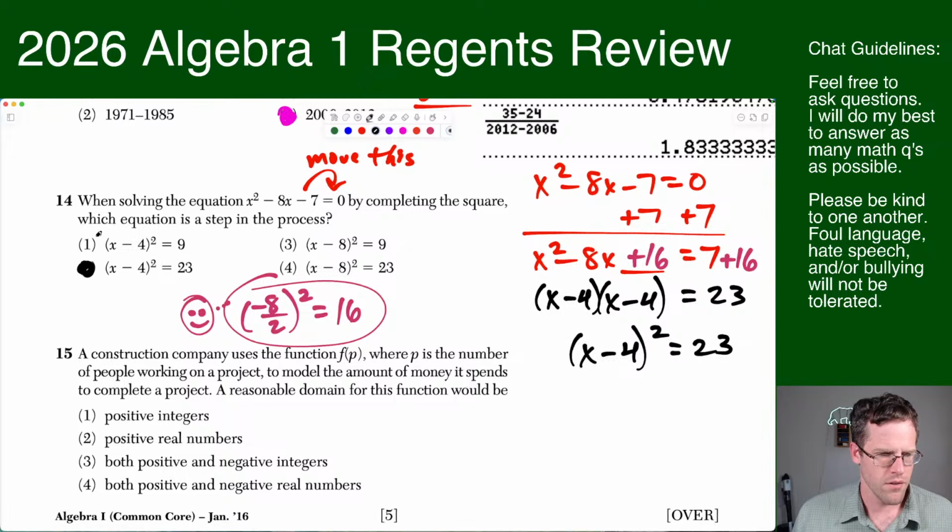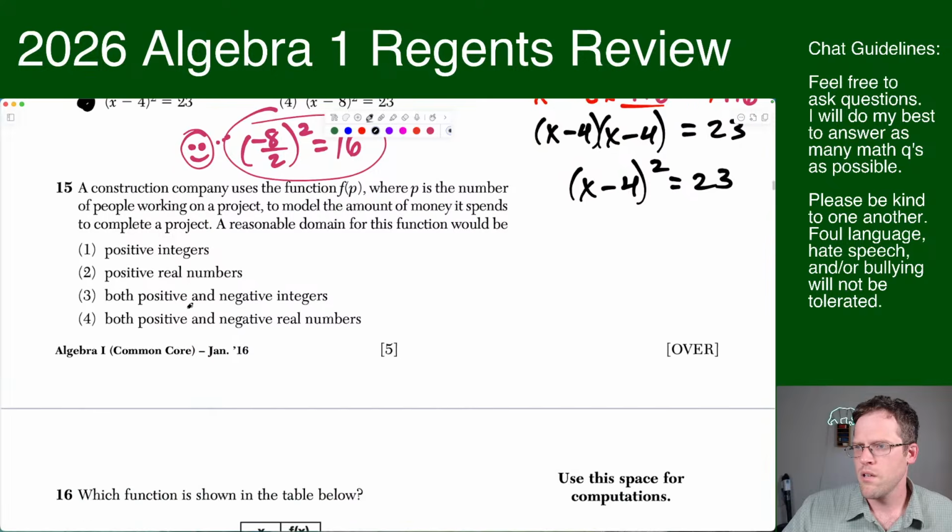All right. Cool. So 15, a construction company uses the function f of p, where p is the number of people working on a project, to model the amount of money it spends to complete a project.